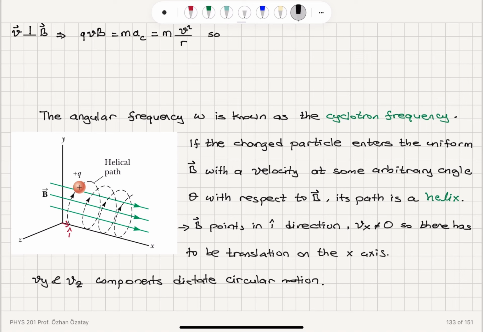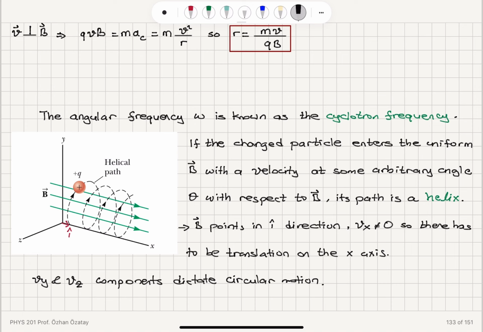So the radius of the circle will be equal to mv over qB, because the v squared cancels with one v, and we have mv over qB.